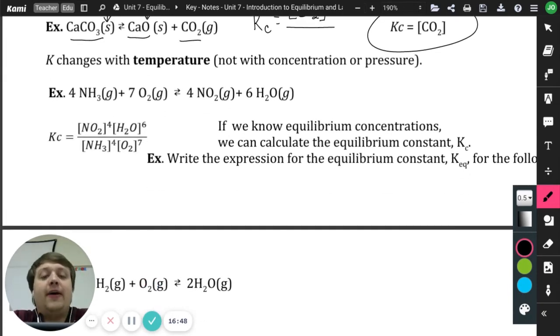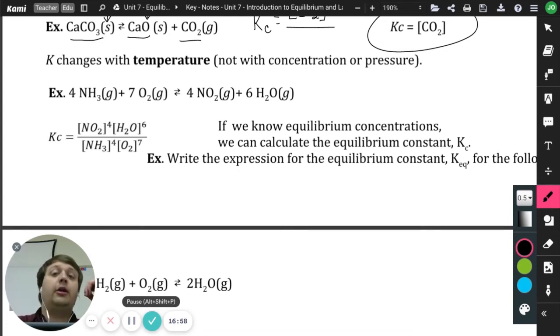Now, if I've got 4NH3 plus 7O2 producing, in a reversible reaction, 4NO2 plus 6H2O, which is a gas, then what do we get for our Kc? Well, if we know equilibrium concentrations, we can actually calculate our equilibrium constant, our Kc.